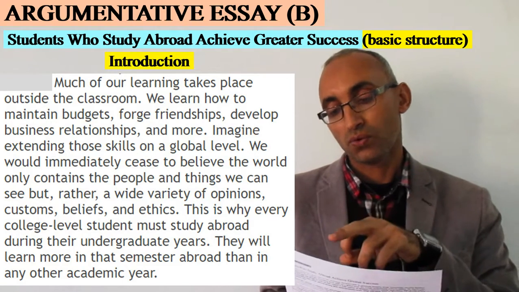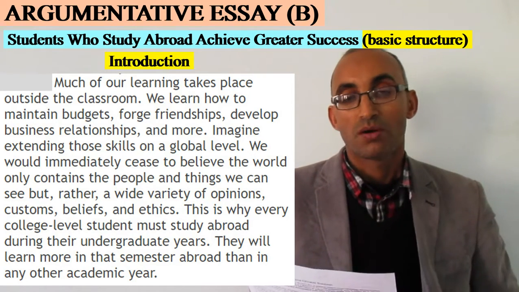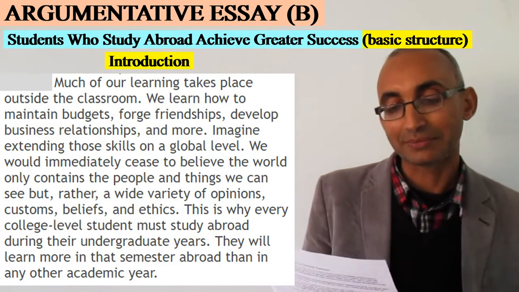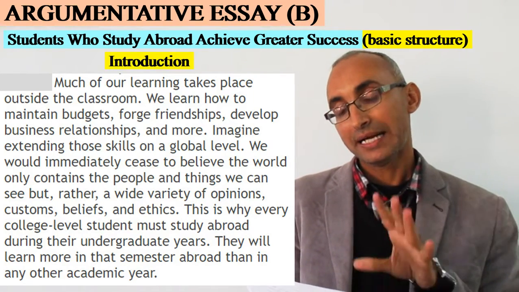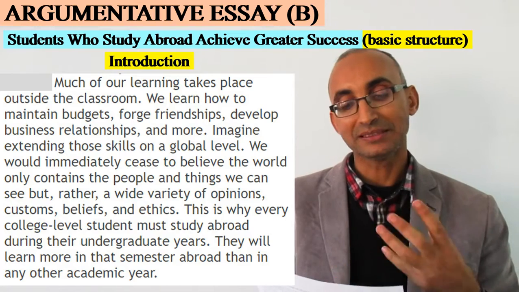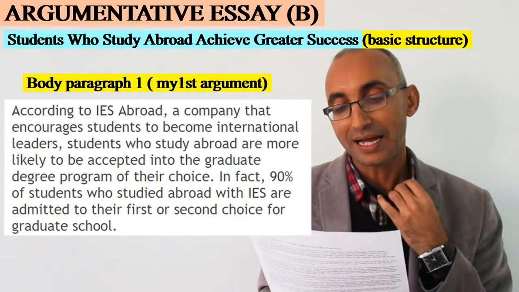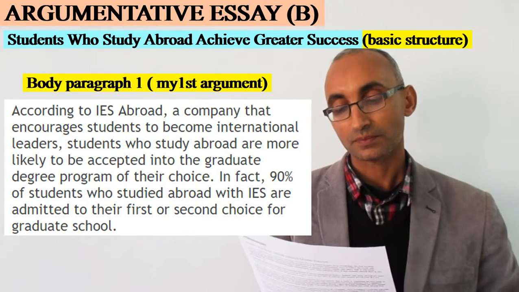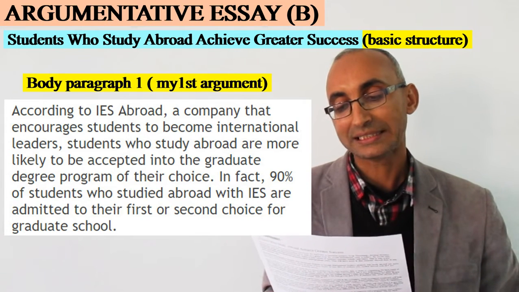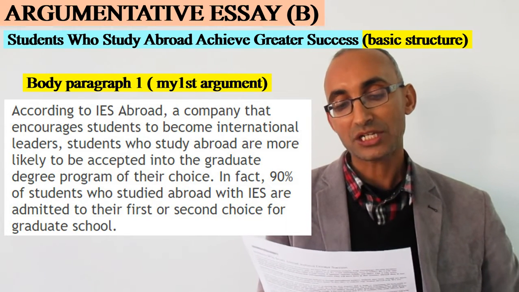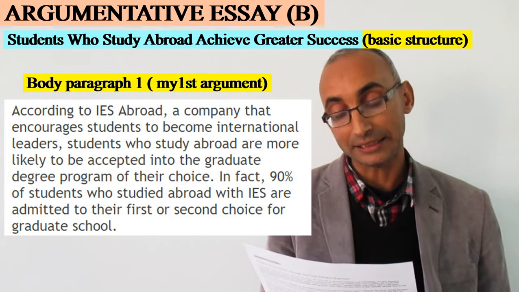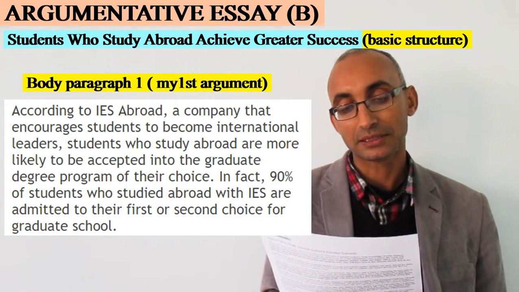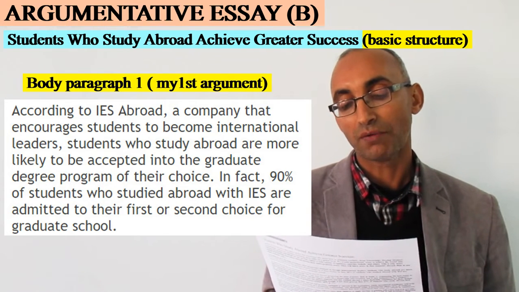He is for. Now, first paragraph includes the first argument, with which he backs up his opinion and also explains the first argument in it. According to IES Abroad, a company that encourages students to become international leaders, students who study abroad are more likely to be accepted into the graduate degree program of their choice.